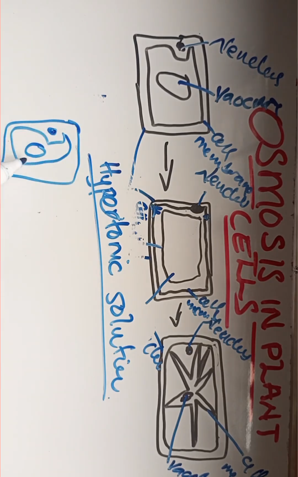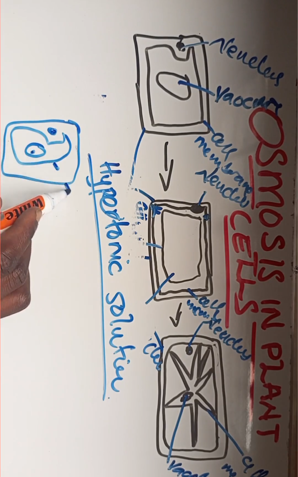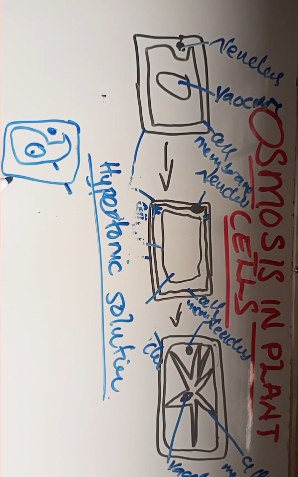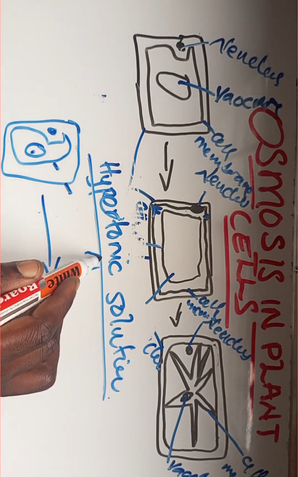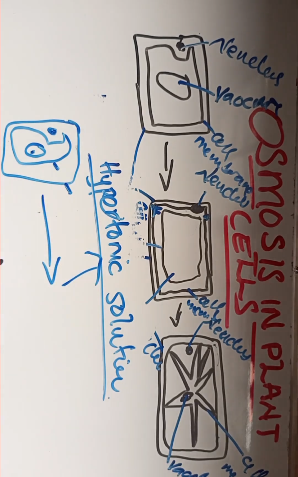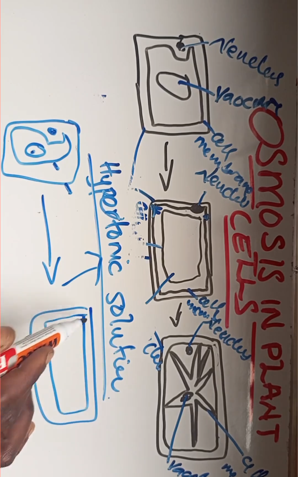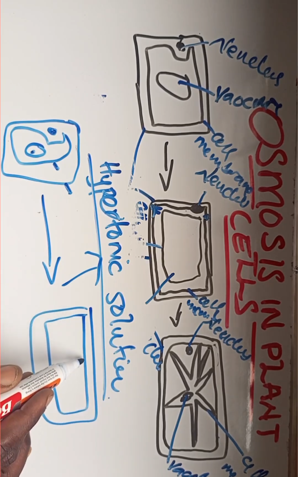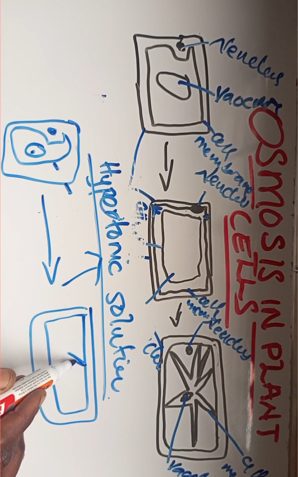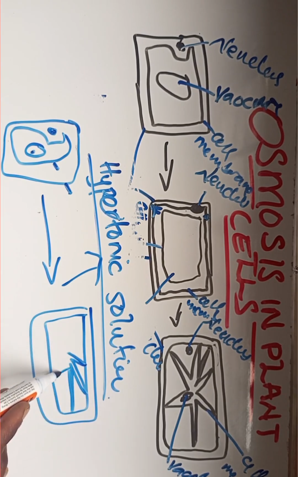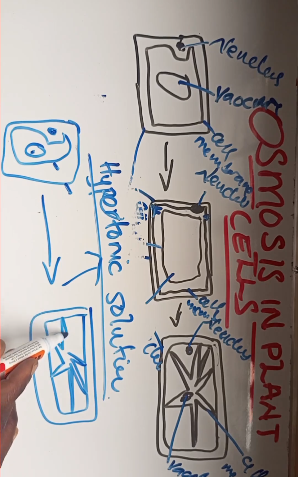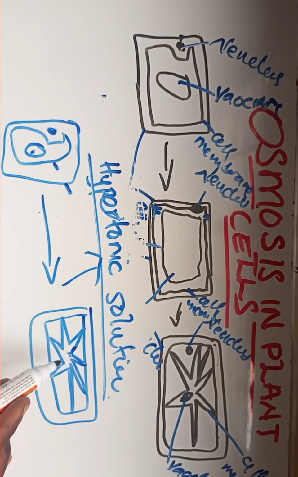So this is the nucleus, this is the vacuole, the cell membrane, the cell wall. This is a normal plant cell. Now when it is placed in this hypertonic solution, it will undergo something which is very interesting, but dangerous to that living organism.